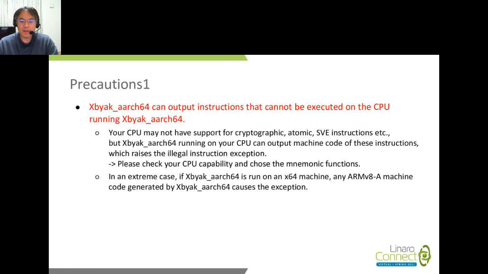But Xbyak aarch64 running on your CPU can output all machine code of the ARM instruction set, including these instructions. If unsupported instructions are executed, the exception of illegal instruction is raised. So please check your CPU capability and choose the mnemonic functions.